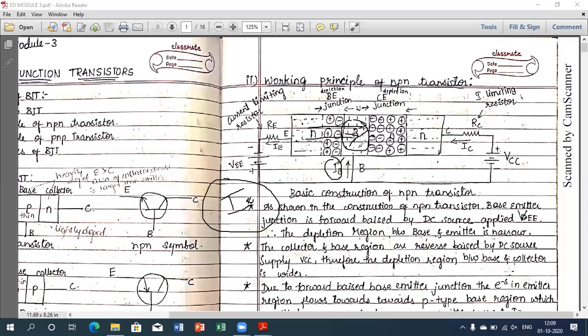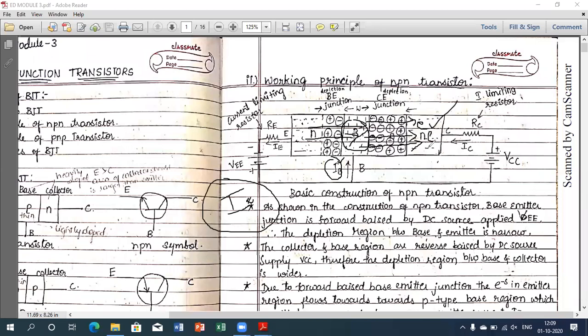Due to this, the majority of the electrons from the emitter will cross the reverse biased depletion layer, because of their large number. They cross the base, or P region, and enter the collector region.